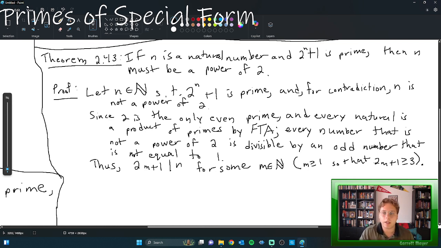Because if m is 0, for example, then 2 to the m plus 1 is just 1. But as I said before, this number that it's divisible by must be greater than or equal to 3. It can't be equal to 1. It has to be divisible by something that's not equal to 1.